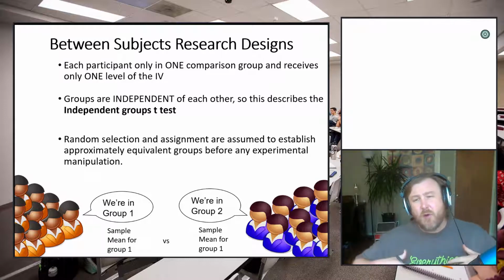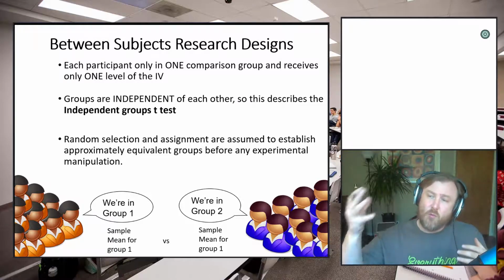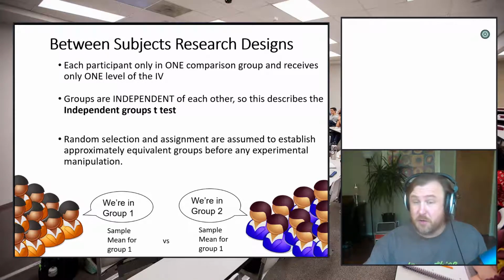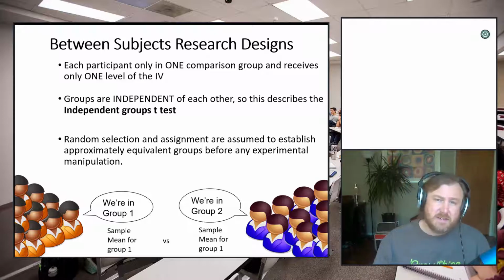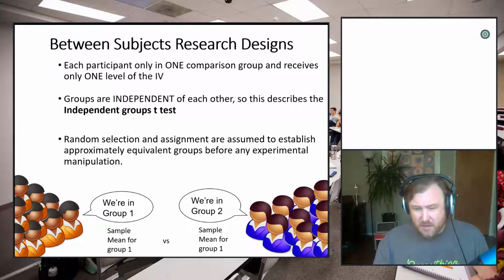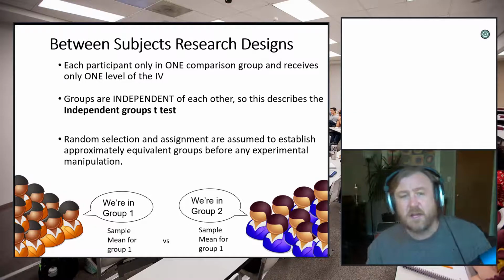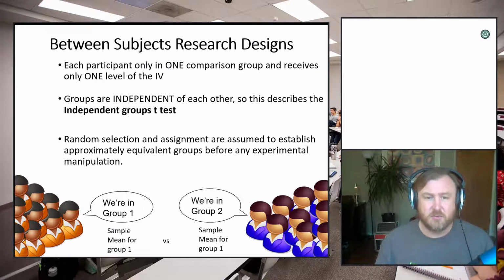This is probably what most people think of whenever they think of a scientific experiment, right? Where you might have one group as the placebo group or control group, and one group as like a treatment group, or where you're giving them some kind of thing that you're interested in to compare against the control group. And so this is called a between subjects research design, right? Or an independent groups research design.